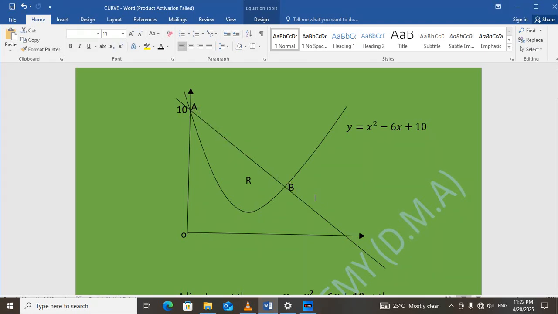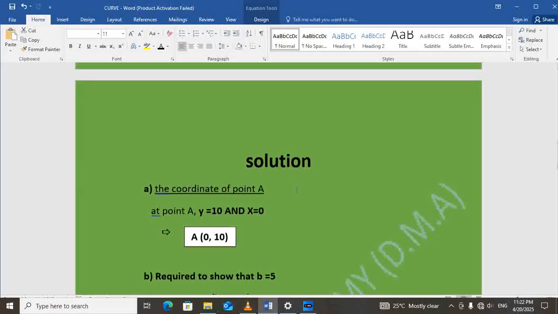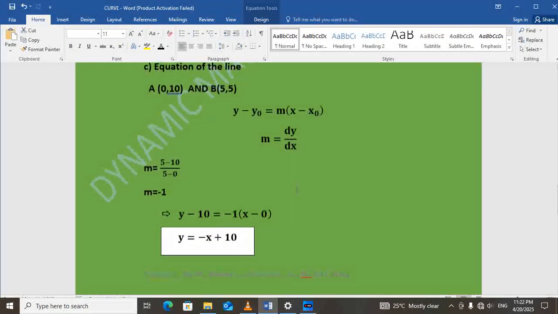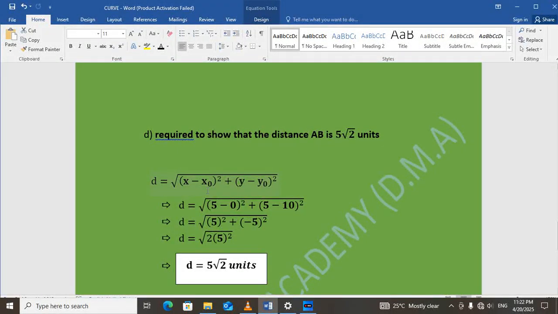Distance between 2 points can be gotten using the formula D is equal to the square root of (x2 minus x1) squared plus (y2 minus y1) squared. Or you can simply take D is equal to the square root of (x minus x0) squared plus (y minus y0) squared. Yes, depending on you. Remember our x is 5, then now the x0.